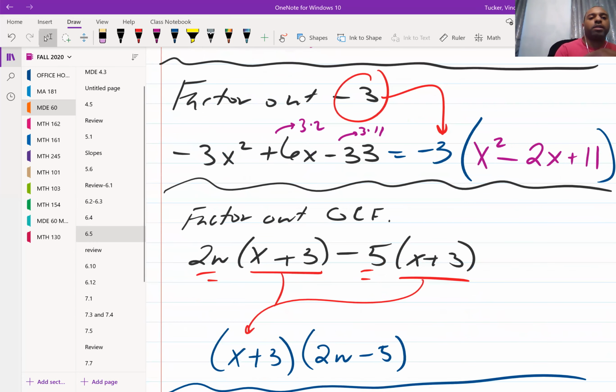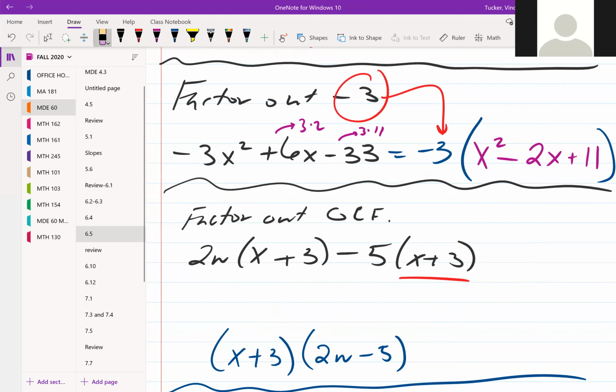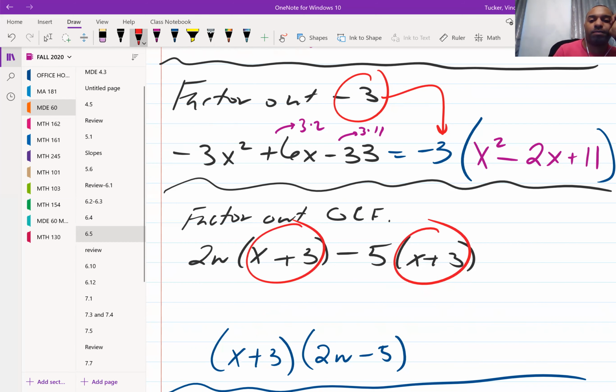All right. So let's look at this next one. They give us 2w times x plus 3 minus 5 times x plus 3. And they want us to factor out the GCF. So if you notice what they have in common is this expression of x plus 3.